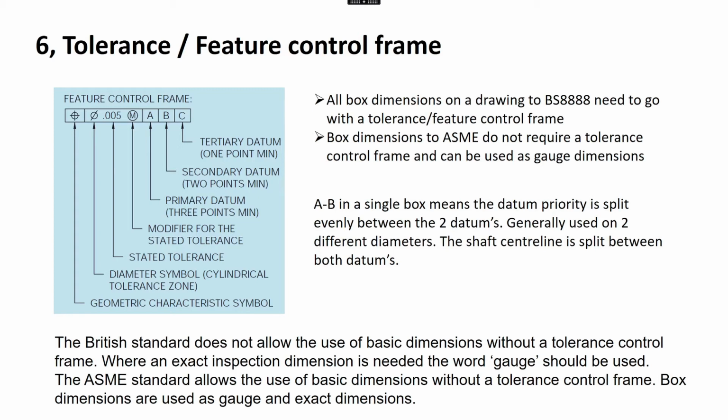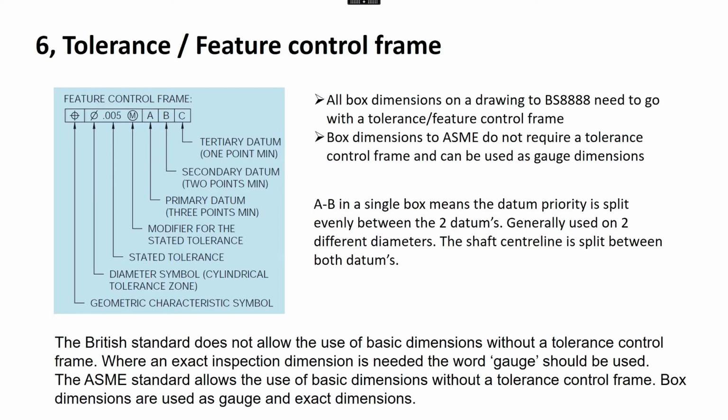You can use them on angles and all sorts. I think it's a bit more confusing using the ASME box dimensions when you've not got the tolerance control frame. I think it's sometimes harder to understand what the tolerance on that particular feature is. So I think I prefer the ISO standards in that regard.